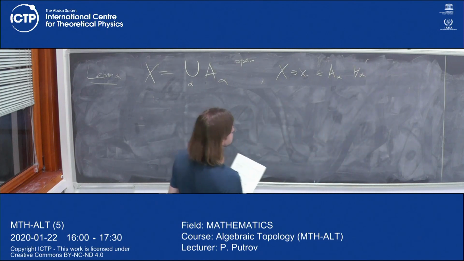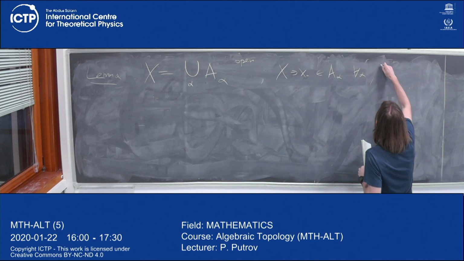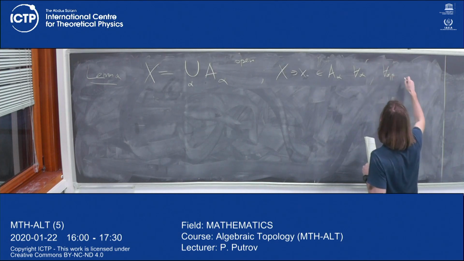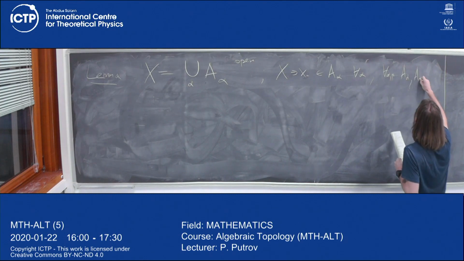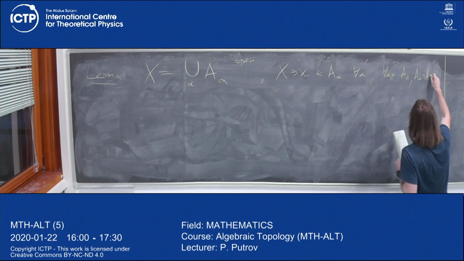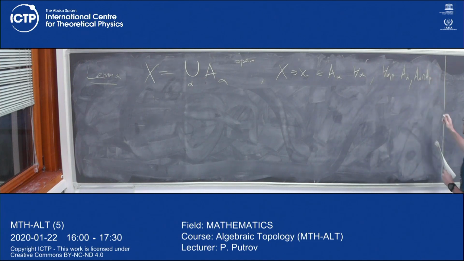And moreover, we want that for any alpha and beta, A alpha itself and all their pairwise intersections are path connected.